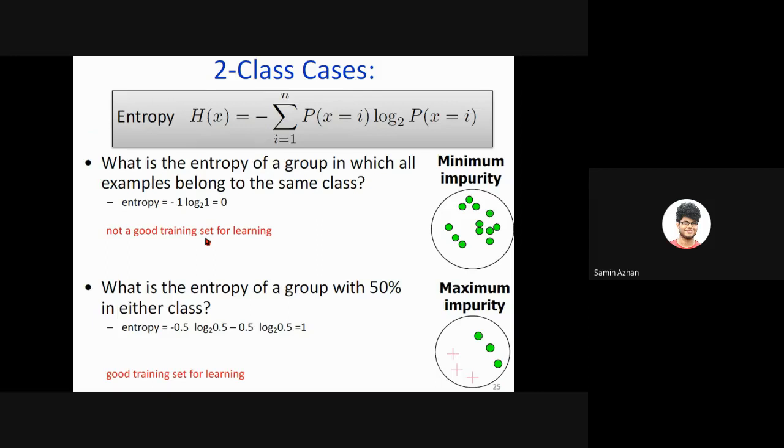Or if you give it only data of dogs, while it would be very pure and it will learn how to identify a dog, if you give it a picture of a human, it will just say that that's a dog too. It'll say everything is a dog. It'll say you are a dog. It'll say your friend is a dog. So that's not a very good training set. Rather, if you have maximum impurity, your model will learn better.